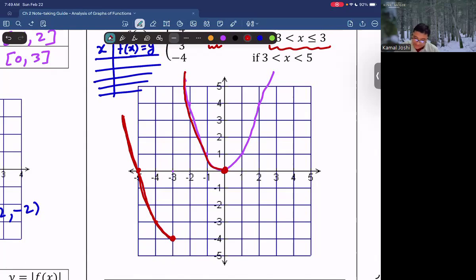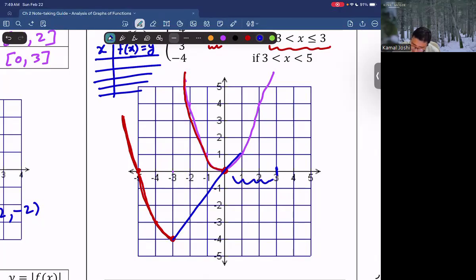So that makes it easier to draw, because from -3 to 3, until you reach the x coordinate 3, you are simply going to sketch the line. Okay, so the slope is 4 over 3. So if you go 3 units horizontally, you should go 4 units vertically here.